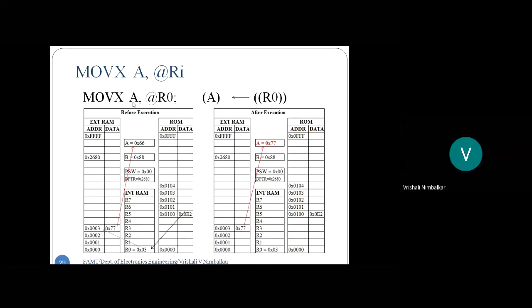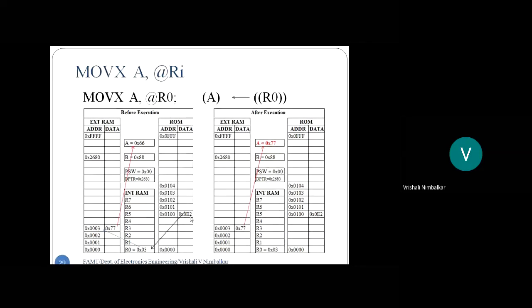Okay, this is register A, this is pointer register R0. So there's no number here, meaning this is a 1-byte instruction. So see, at ROM location 100, we have written only 1 byte, 0E2 hex. Actually it is E2 hex, but then we should write a 0 at the front, since it starts with an alphabet, so 0E2 hex.